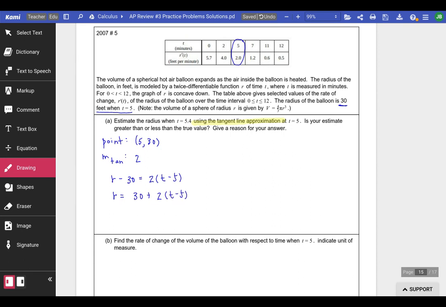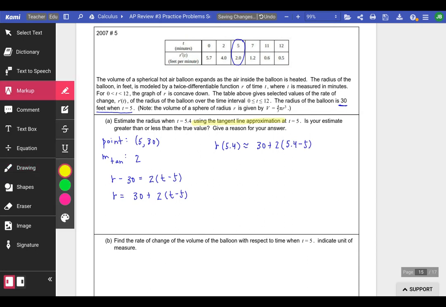So now I want to estimate the radius when t is 5.4. So r of 5.4 is going to be approximate, right? Because we're using that tangent line. So for t, I'm going to substitute 5.4. So I'm going to have 30 plus 2 times 5.4 minus 5.